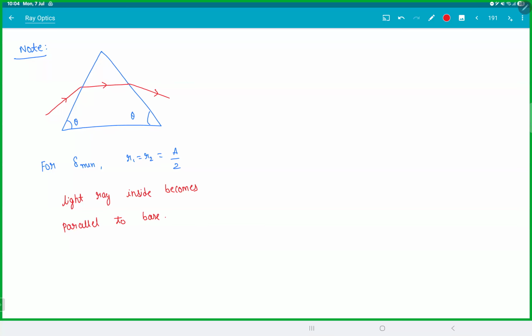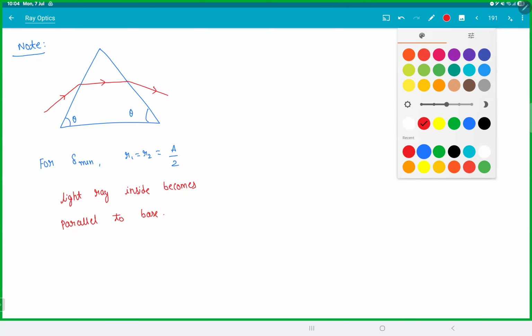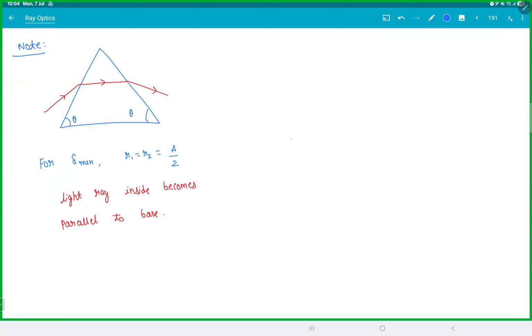There was a question like this, I think in Advanced, one of the more-than-one-choice questions. They said a right-angled isosceles prism is taken. For minimum deviation, the light ray inside becomes parallel to the base. True or false?